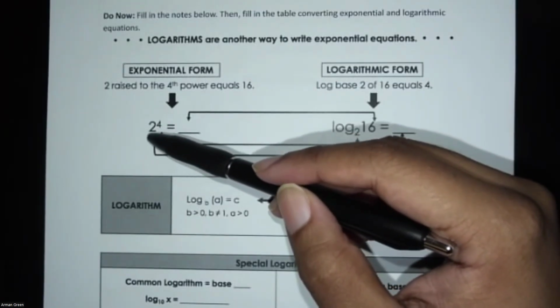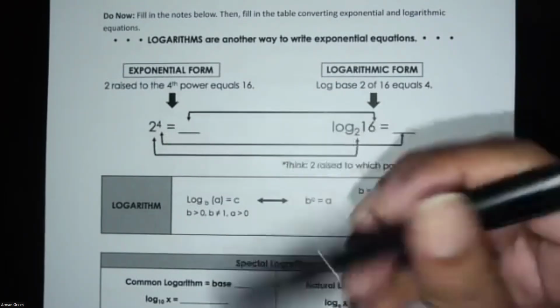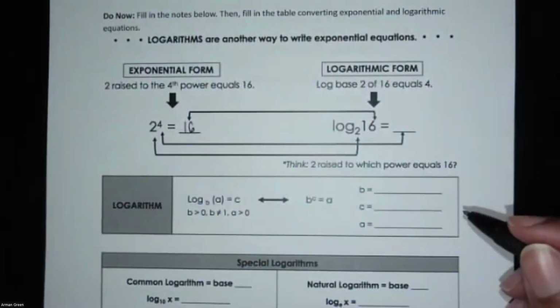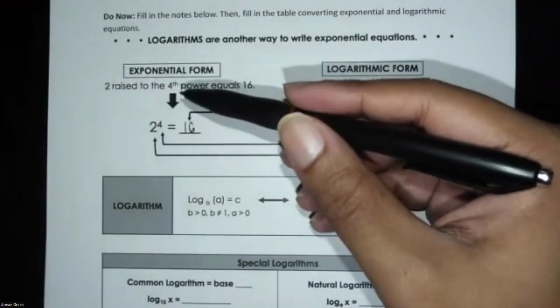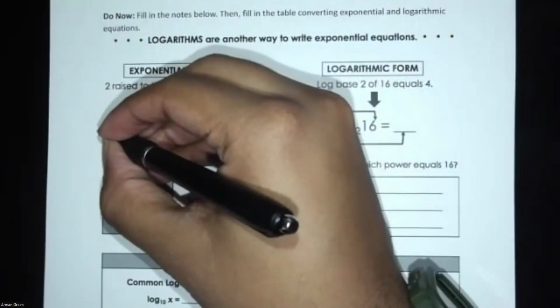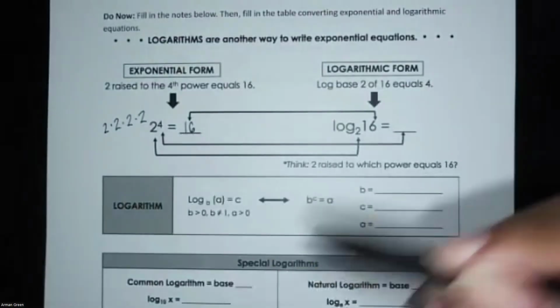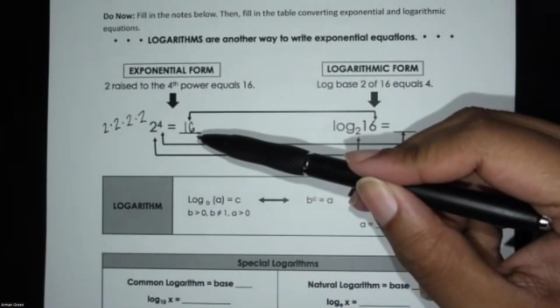In this case, we have 2 raised to the fourth power. We already know that 2 raised to the fourth power is equal to 16. We can plug that in our calculator, or if you don't remember, 2 to the fourth power is the same as 2 times 2 times 2 times 2. We're basically multiplying 2 by itself 4 times, and that's how we get 16.